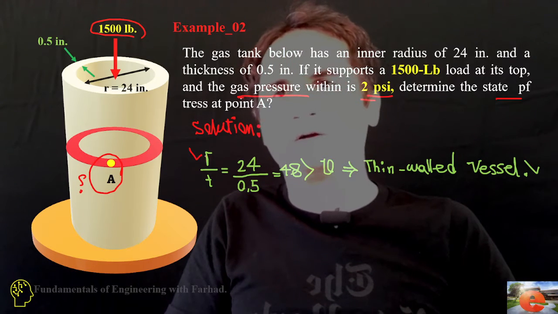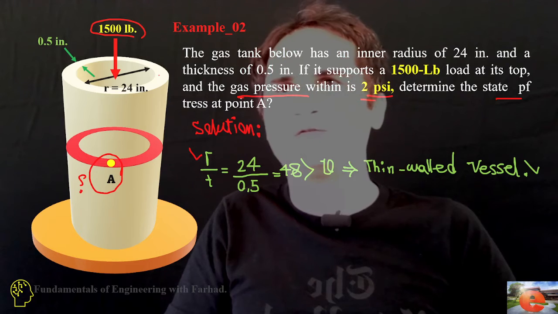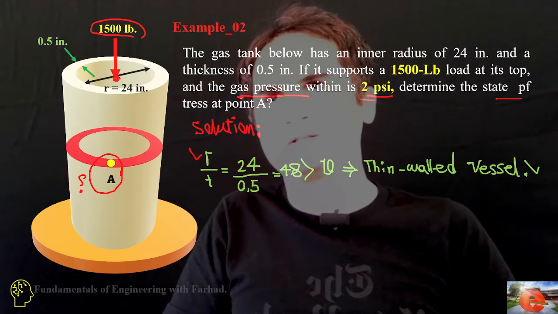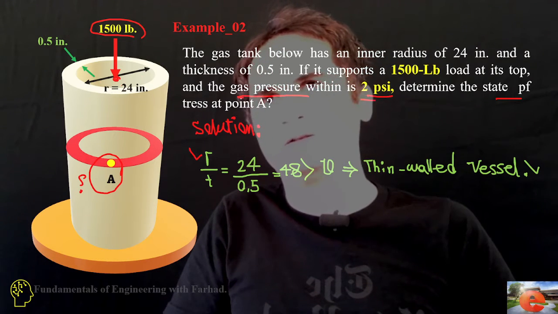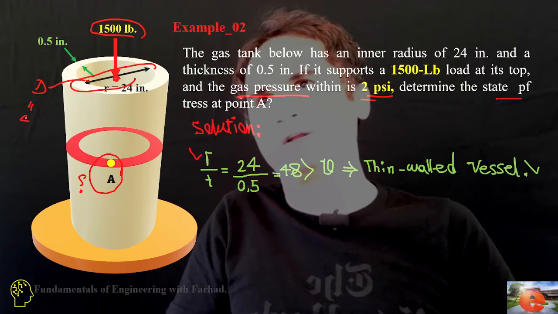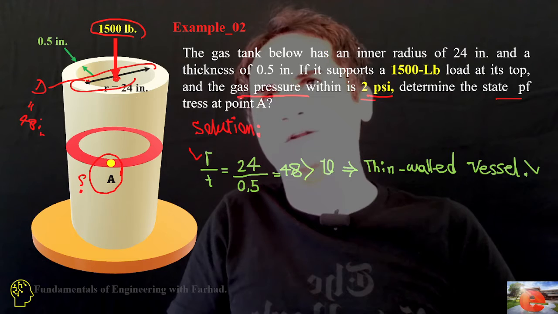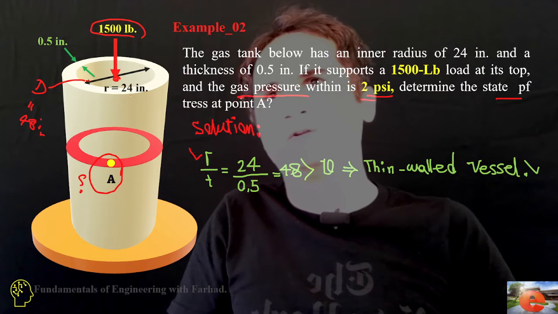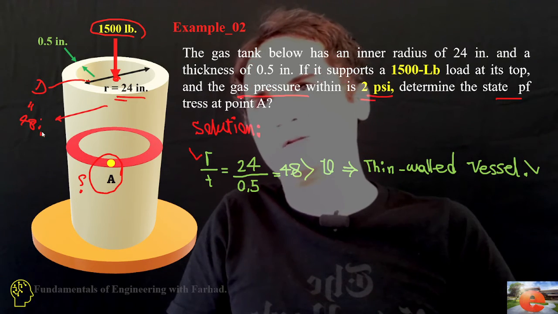So radius over thickness: the radius is provided as 24, which makes our diameter 48 inches.